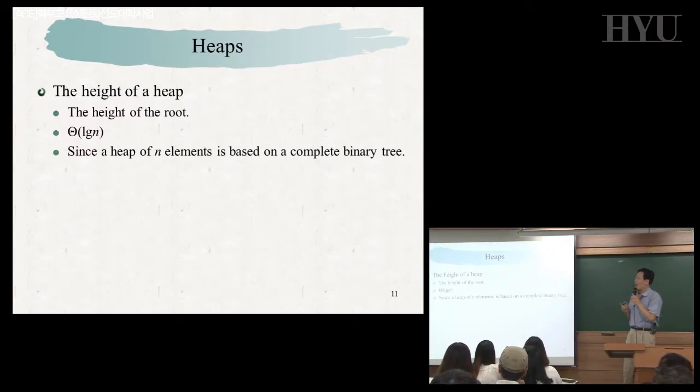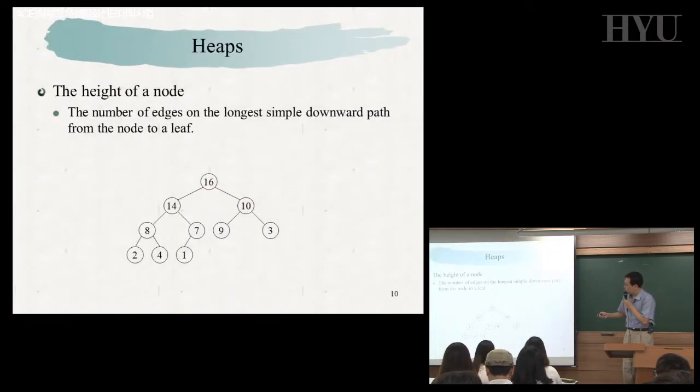And then the height of a heap is defined in this way. It's the same as the height of the root. So the height of this heap is the height of this root node.